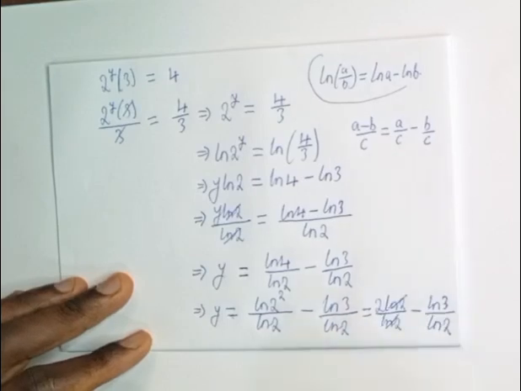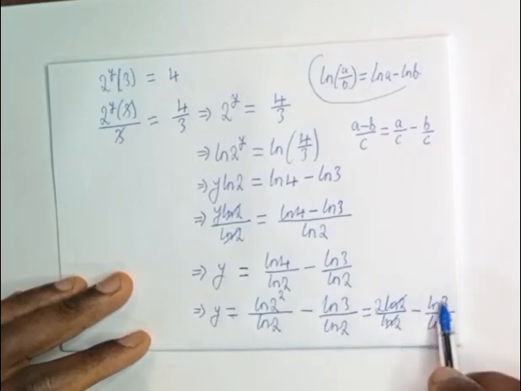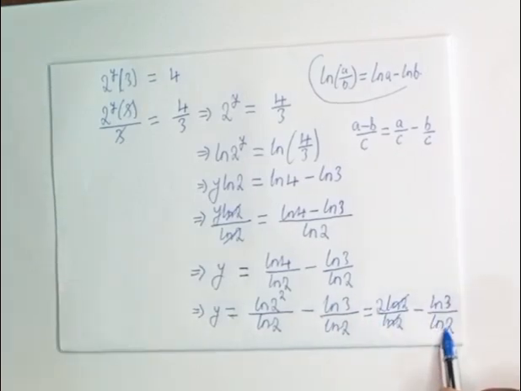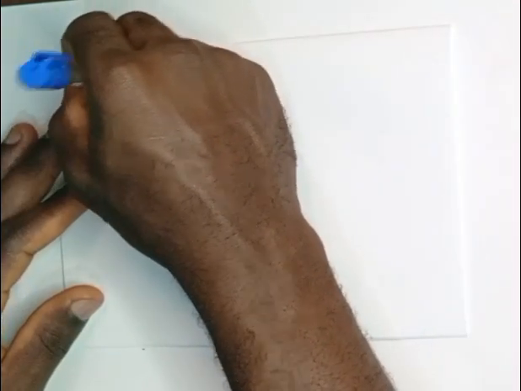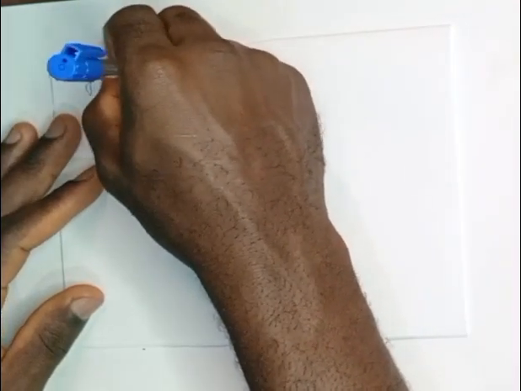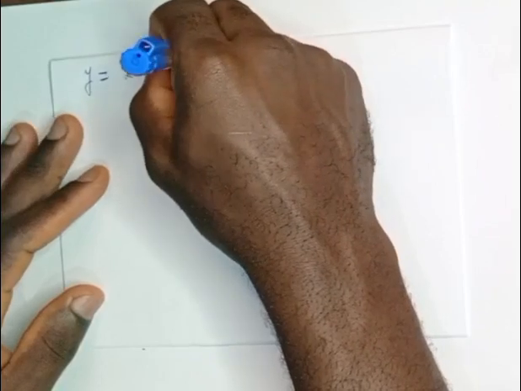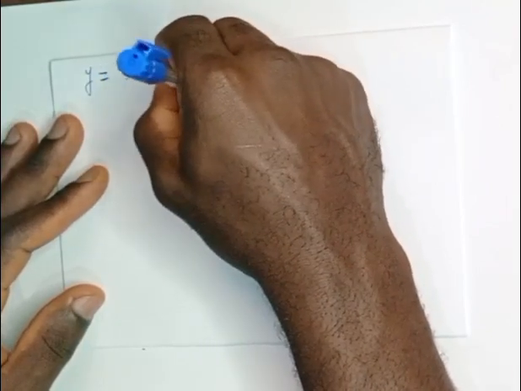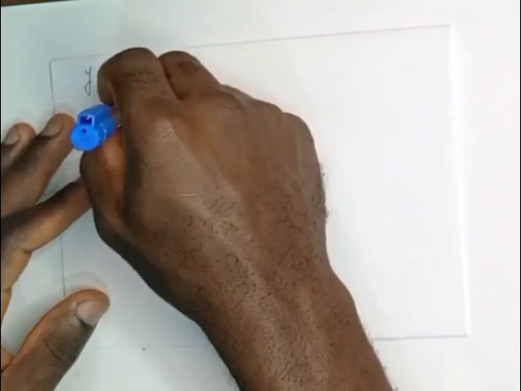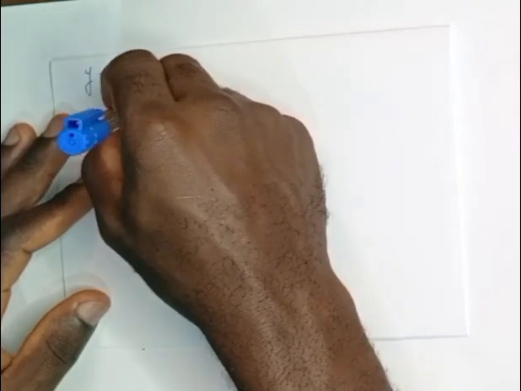Ln 2 will strike off ln 2, we will be left with 2 minus ln 3 over ln 2. This will give us y to be equal to 2 minus ln 3 over ln 2. This is the value of y.